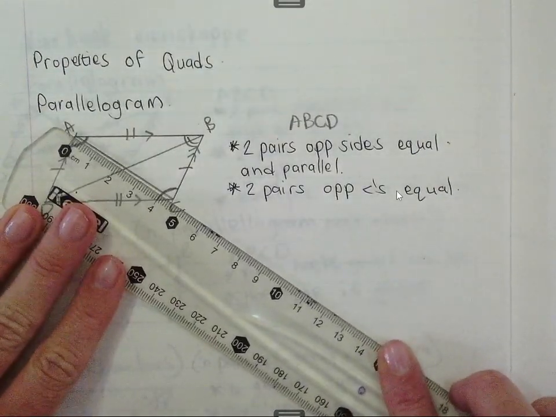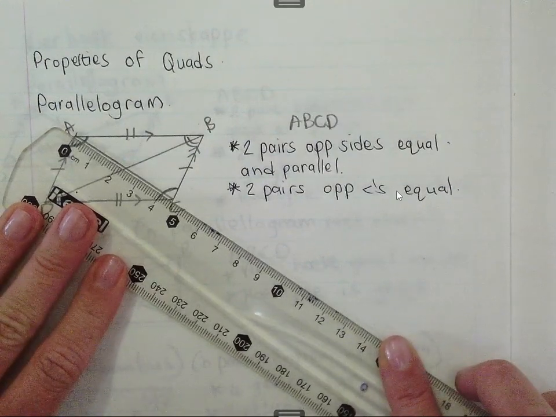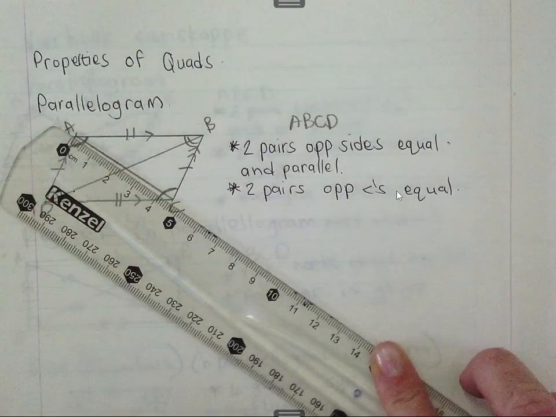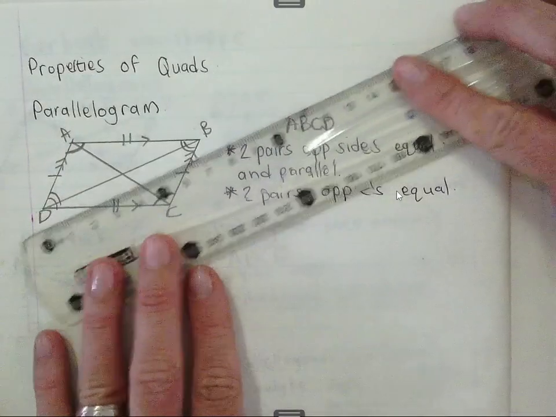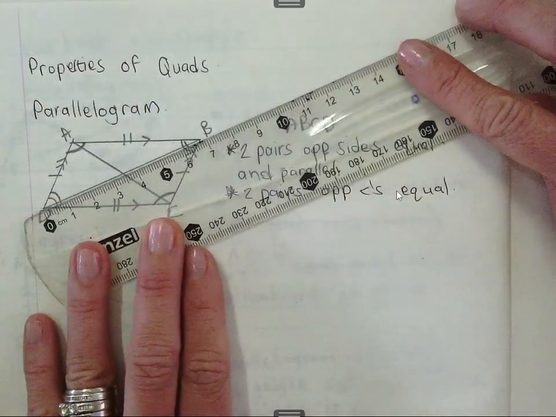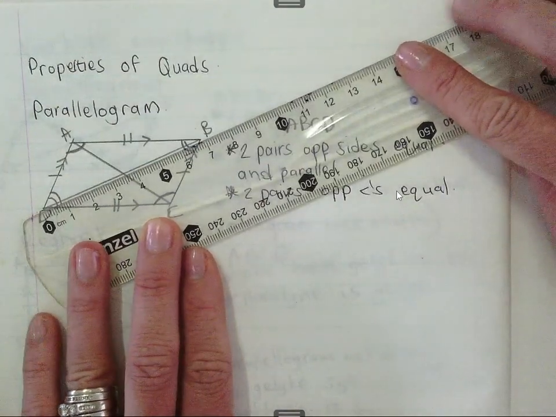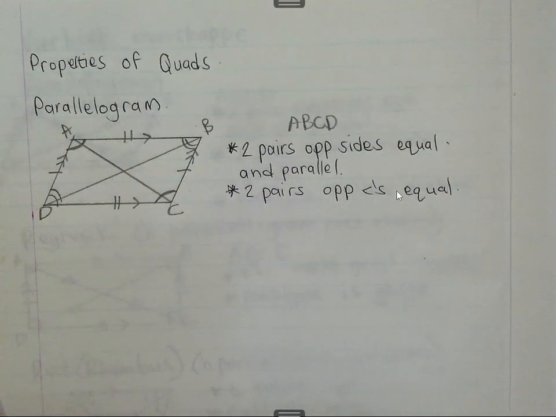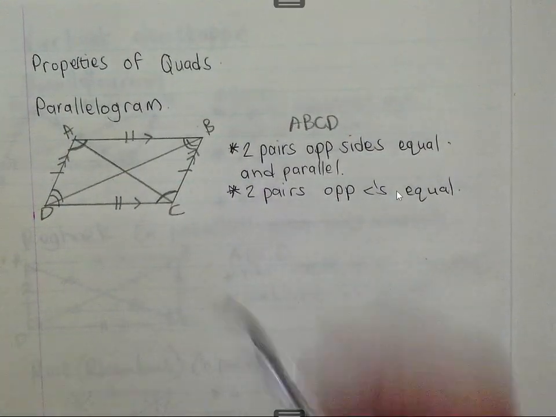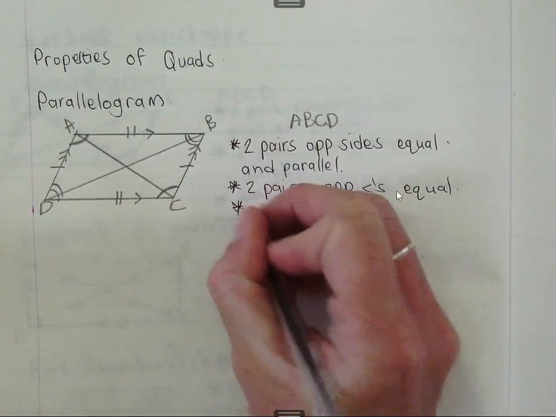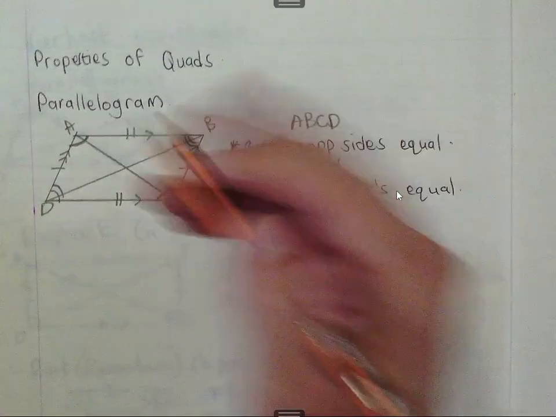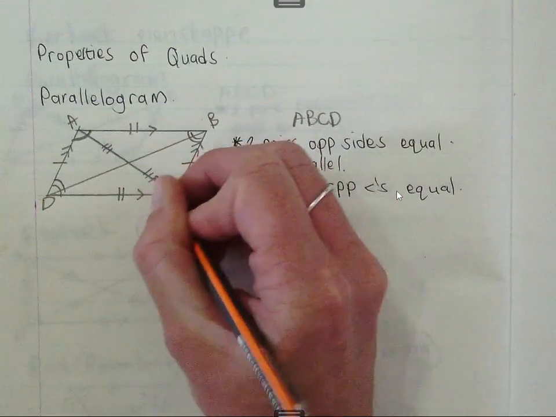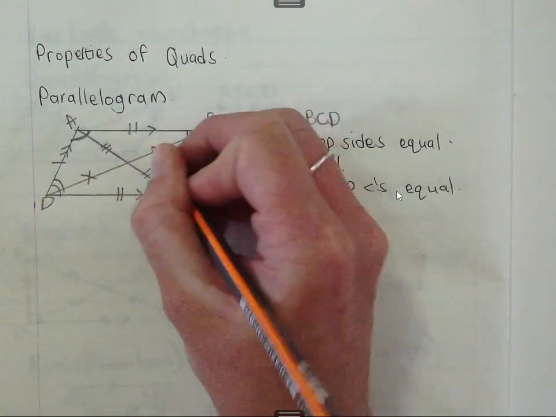If I measure the diagonal AC, it's about 4.5 centimeters, mine. And if I measure the diagonal BD, it's almost 7 centimeters. So can you see they are not equal? But there is something special about them. And that is that the diagonals bisect each other.